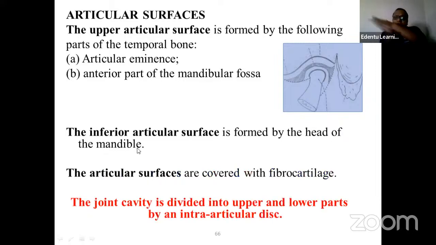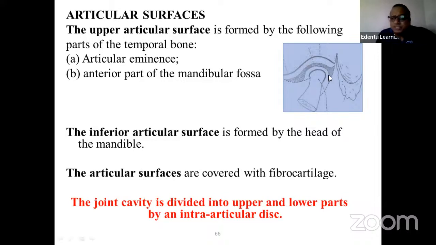So this articulating surface, it's not bone to bone direct contact. There is a cushion over there, and that is fibrocartilage. The articulating surfaces are covered with fibrocartilage. So you have the upper articulating surface, temporal bone, the lower articulating surface, mandible, and fibrocartilage in between both of them.